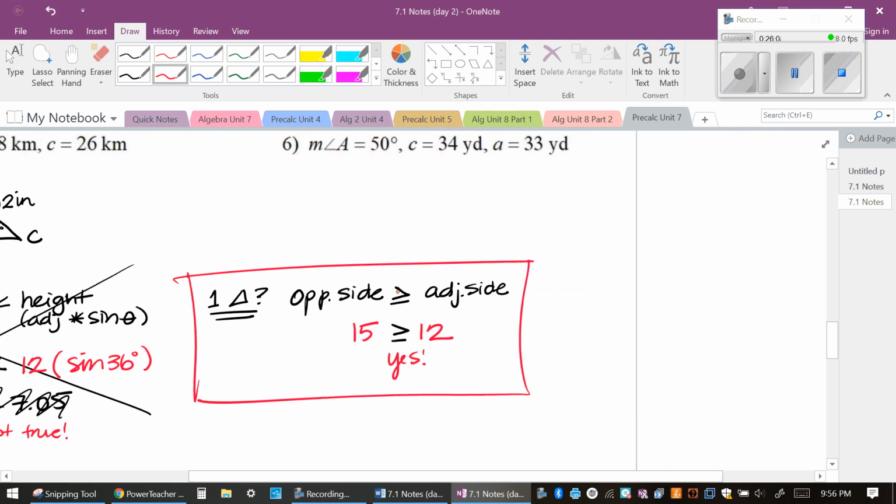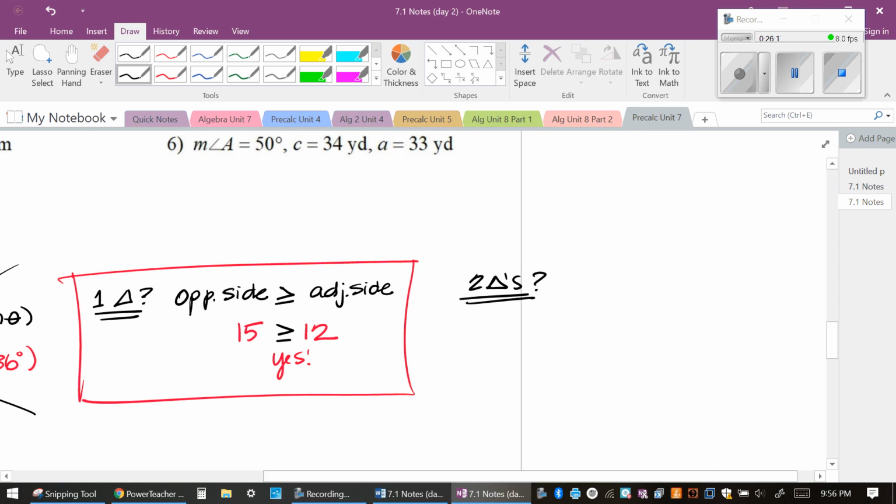Now let's say this hadn't worked, you'd have to go to your last option, two triangles possible. In this case, you need to check if the height is smaller than the opposite side, and if that is smaller than the adjacent side.